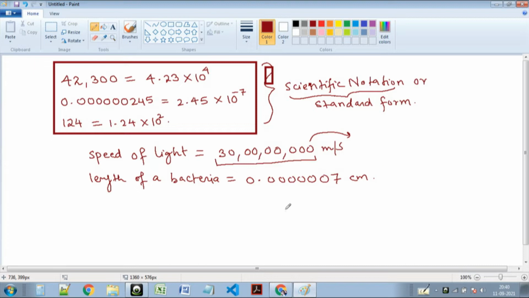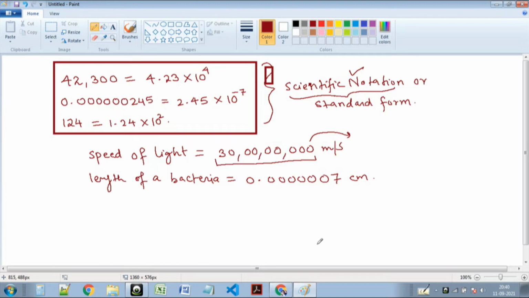So you can see that the length of a bacteria is very small. Whenever we have to write this, it is very difficult to write this number again and again in this way. So for the convenience of writing any big number or small number, we are using scientific notation, right? Now let's understand how we can convert a number into scientific notation.